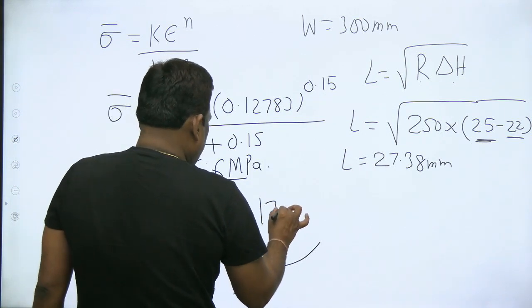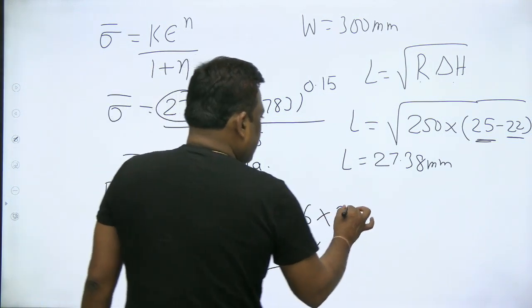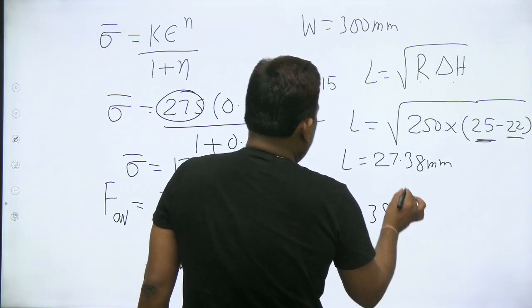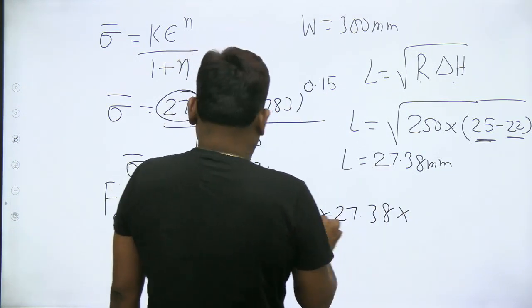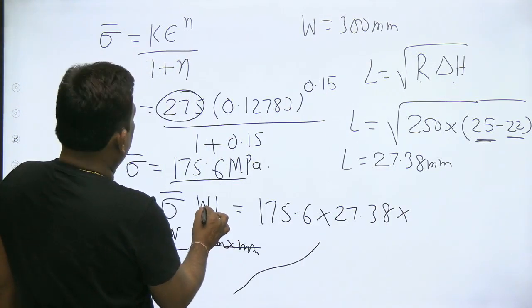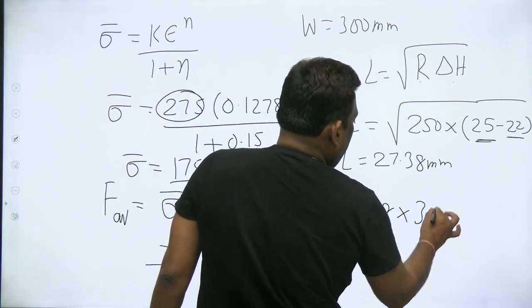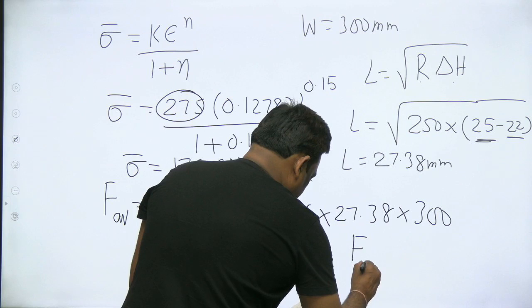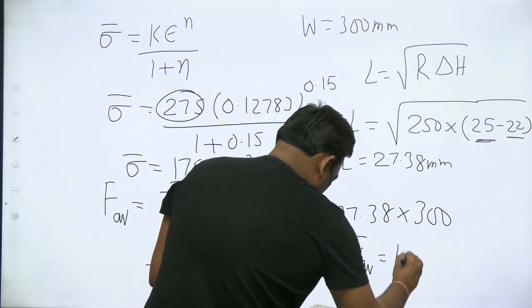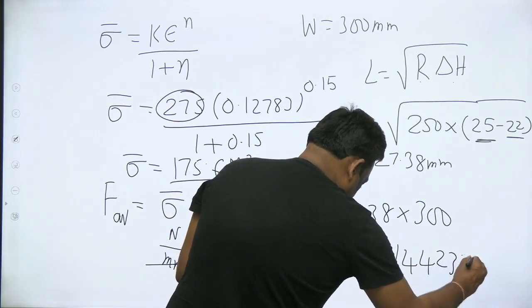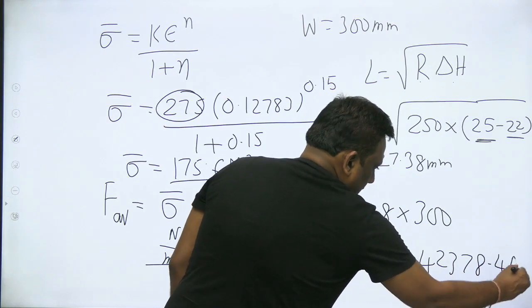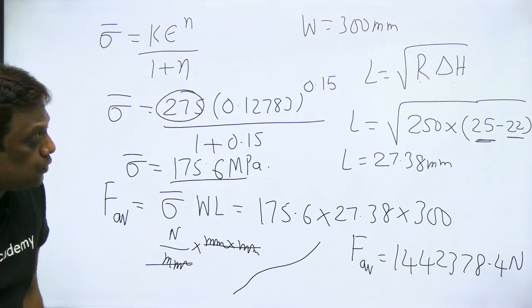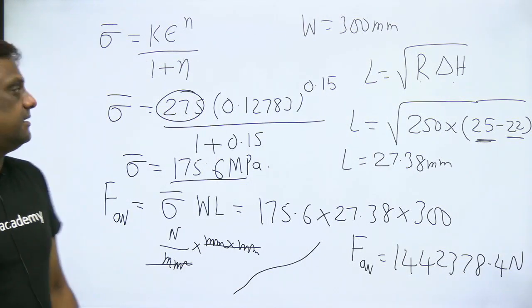Sigma bar 175.6, and the length is 27.38. Width, how much is it? 300. So the answer will be in Newton. And if you are calculating, I am getting that force as 1442378.4 Newton. This much is the force required to achieve that thickness.